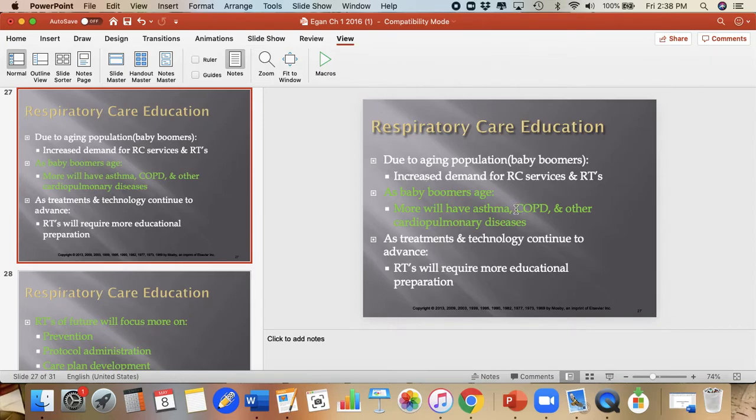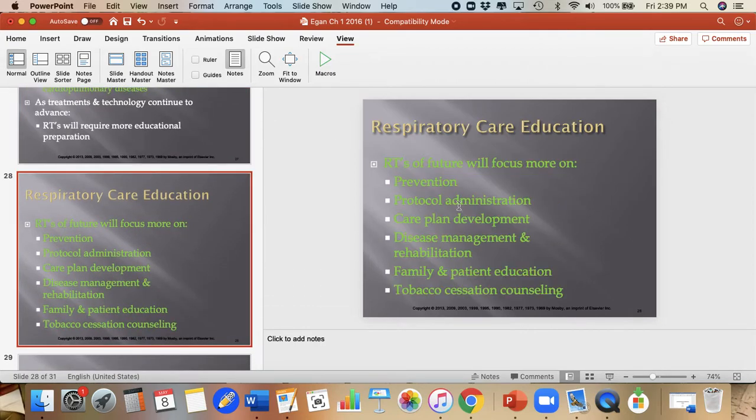So we've got these baby boomers who are suffering from asthma and COPD and other cardiopulmonary diseases, and there is a lot of them. So in a sad way, it's job security for respiratory therapists, but there's a really big need for competent respiratory therapists to be able to take care of this age population of our patients.